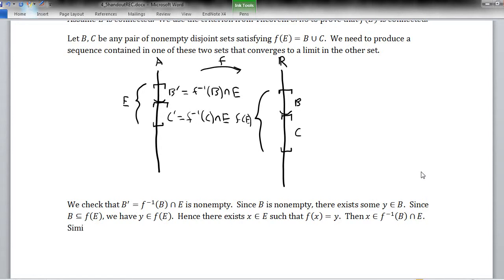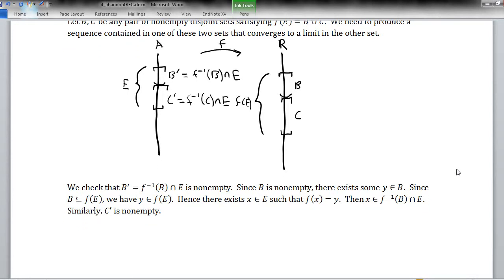And we can just say that similarly, C prime is also non-empty. Okay. So we have B prime and C prime non-empty. How about next we show that the intersection of these two sets is empty, so that they're disjoint.